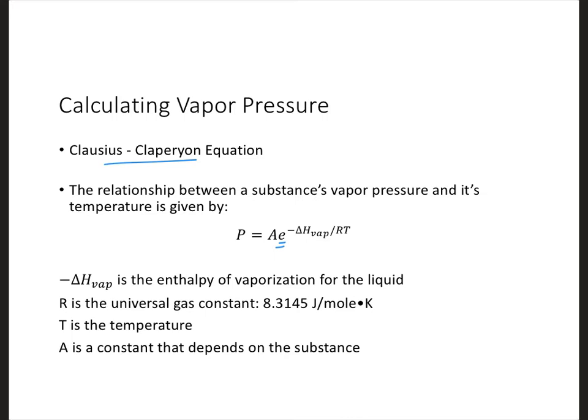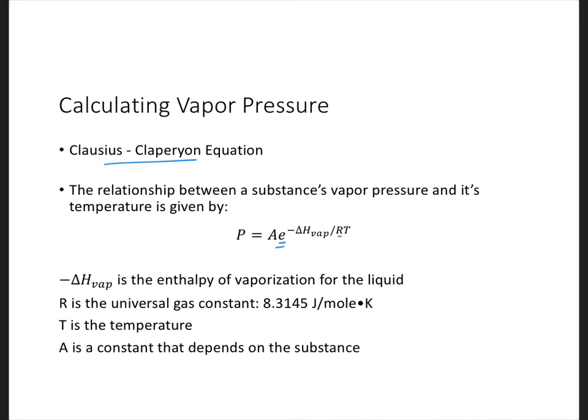So the vapor pressure can be calculated using this equation. The negative delta H vapor is the enthalpy of vaporization for a liquid. That's the kind of information you can get in a table where somebody has just provided a bunch of delta H vaporizations. So if you know what liquid you have, you go look it up, and that can be used as part of the solution to find out what the vapor pressure is.